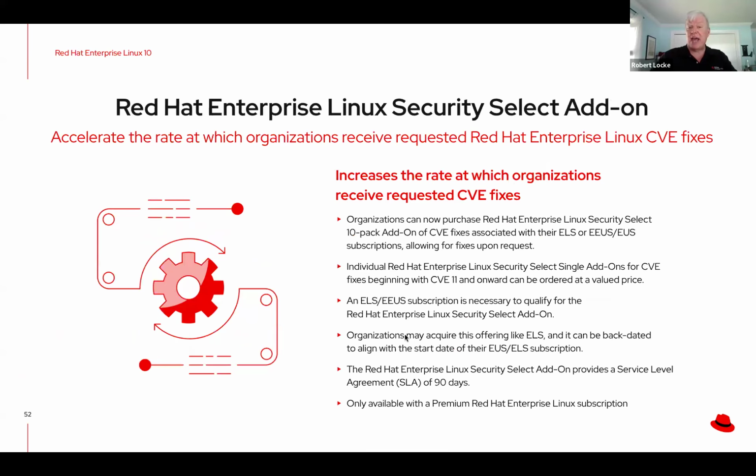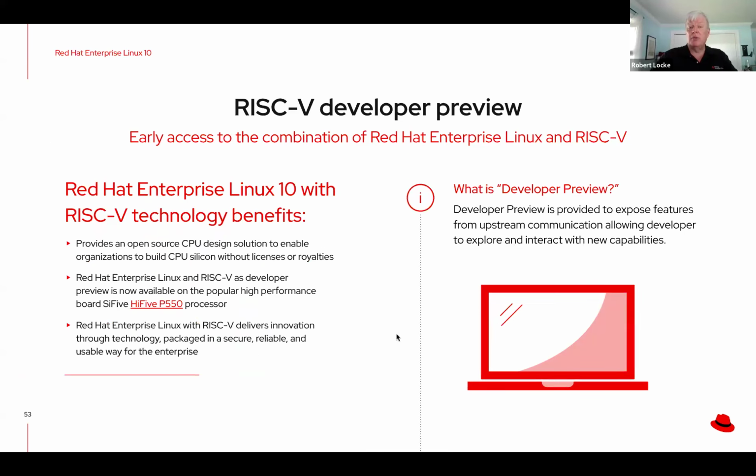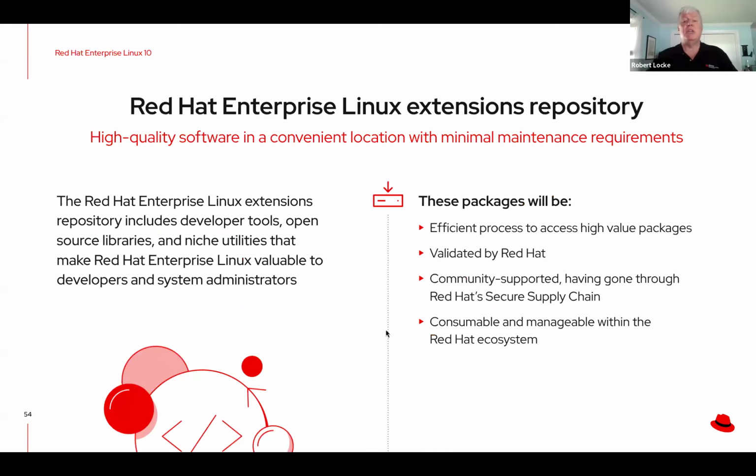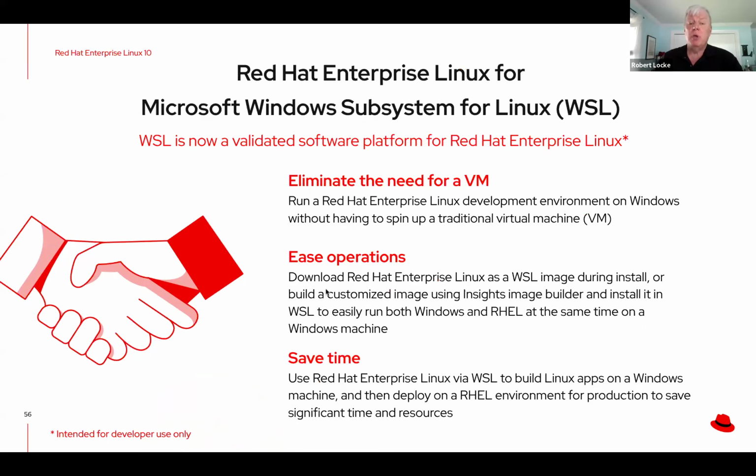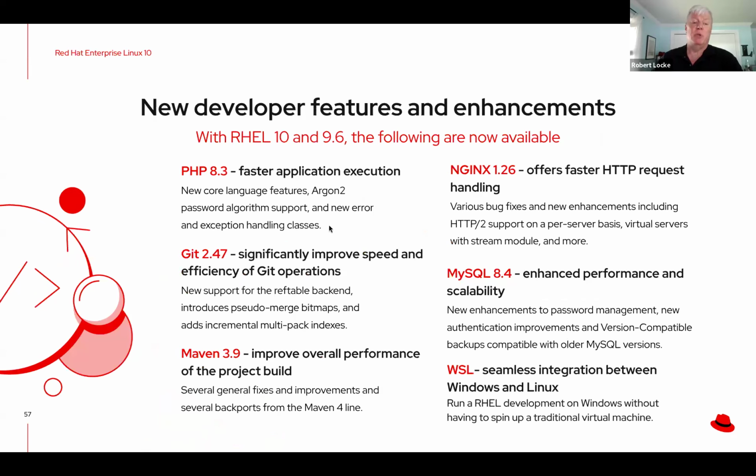The Security Select add-on, the RISC-V developer preview, the extensions repository, which is getting some high value packages accessible in a trusted Red Hat secure supply chain. We are validating our partners and support for the Windows Subsystem for Linux.